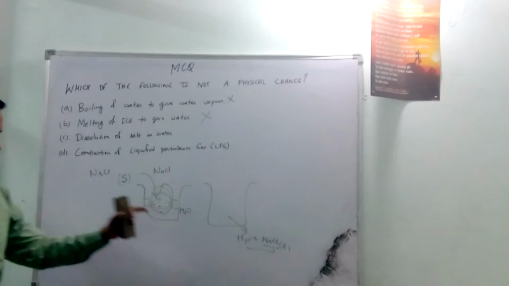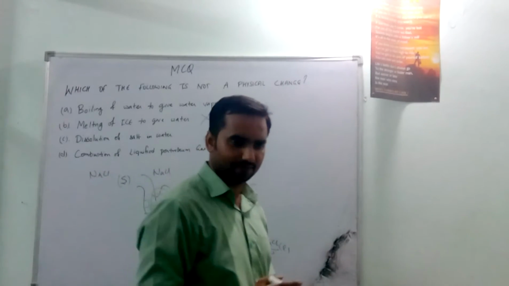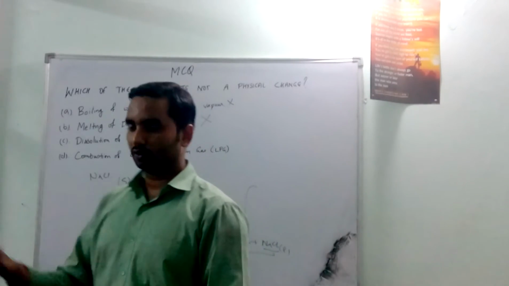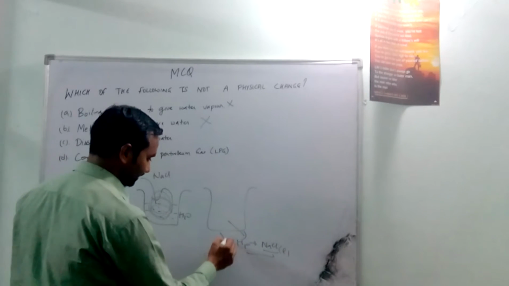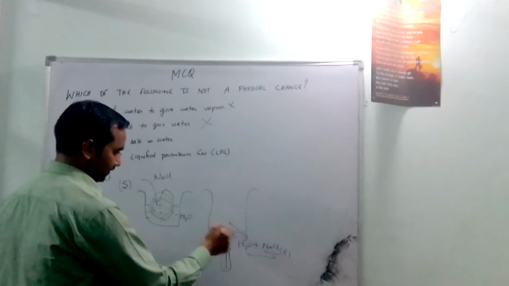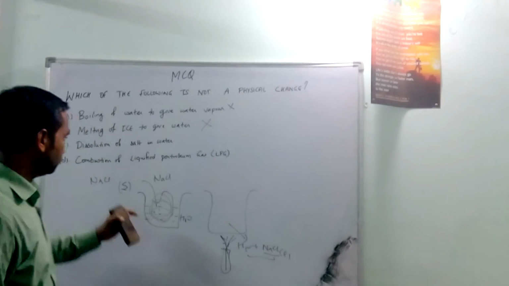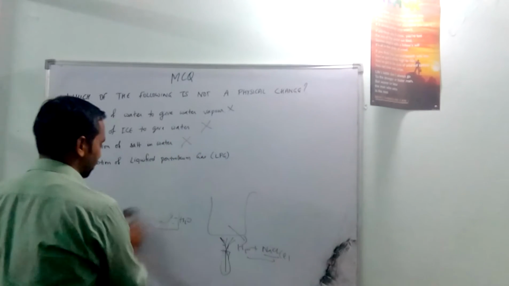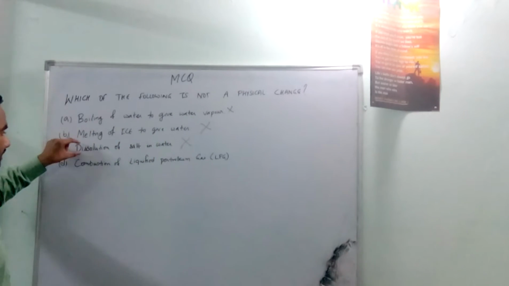Again there is no chemical change, they are all just changing their state from solid to liquid or liquid to solid. They can be reversible, if you heat this water, and when all the water vaporizes, then we get salt in solid form. So this is also a physical change.